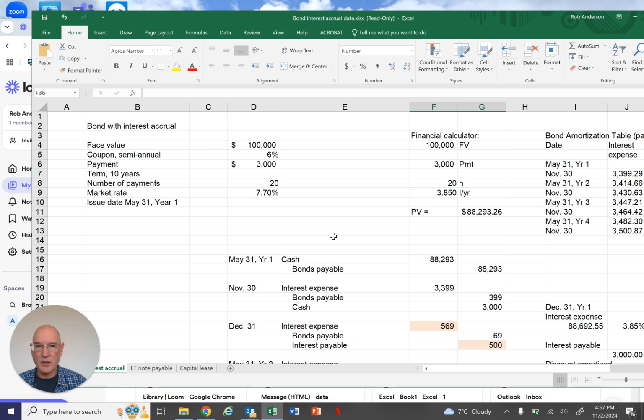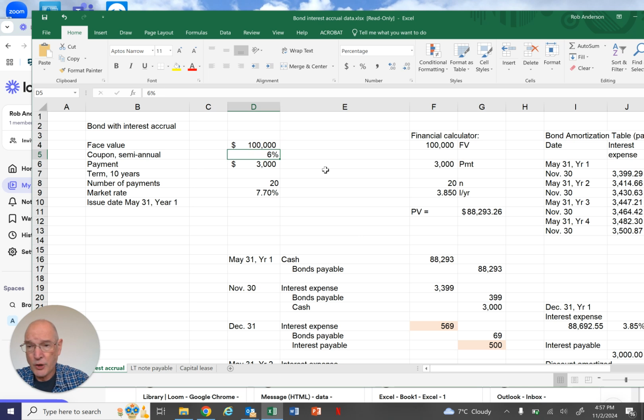I've done a lot of the work beforehand this time because you've seen a couple of other videos on bonds at a discount and a premium, and we've built the amortization table together. So here I've gone ahead and done a lot of that already. But just to look at what we have for a bond, the face value is 100,000.